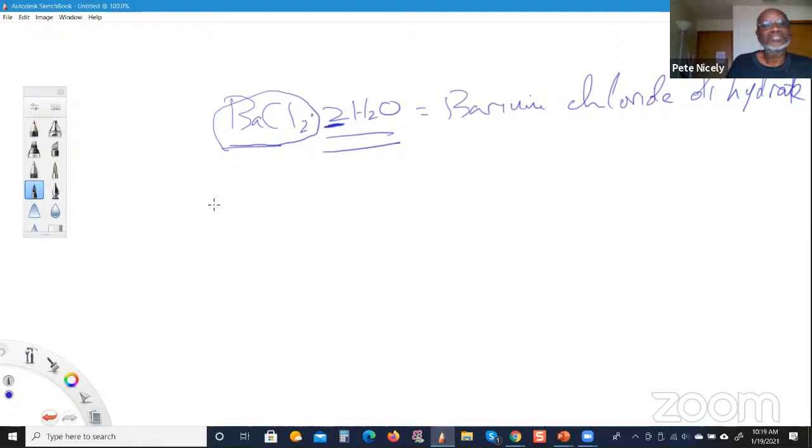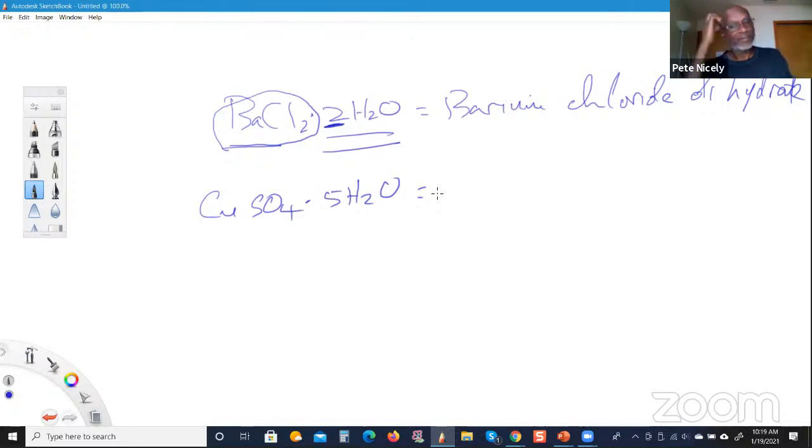Okay, so what do you think the name of this compound is? Anybody?